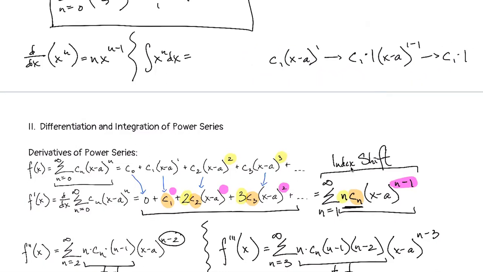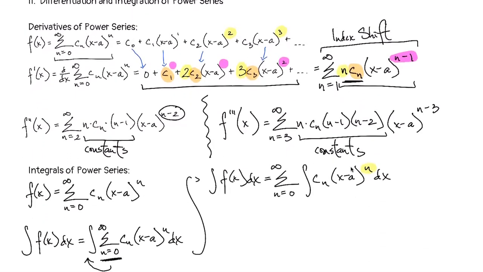It's x to the n plus 1 over n plus 1. We add a power and divide by that power. And if we don't have bounds, we need that constant of integration.